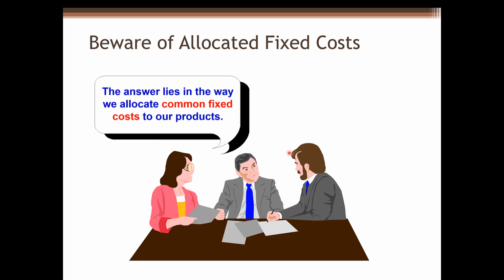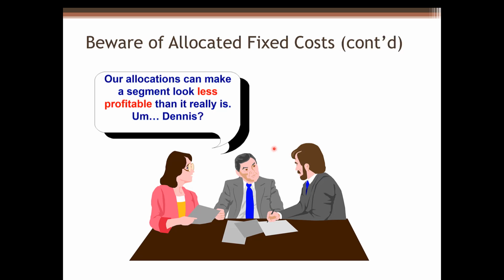The answer lies in the way we allocate common fixed costs to our products. Including unavoidable common fixed costs in the segment income statement makes the digital watch product line appear to be unprofitable, but dropping the product line will actually decrease the company's overall net operating income.